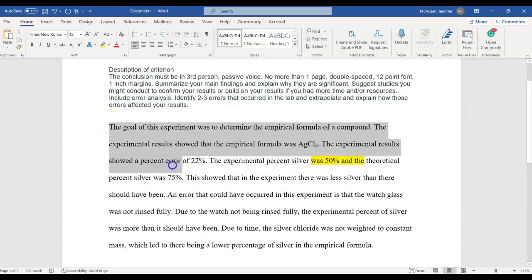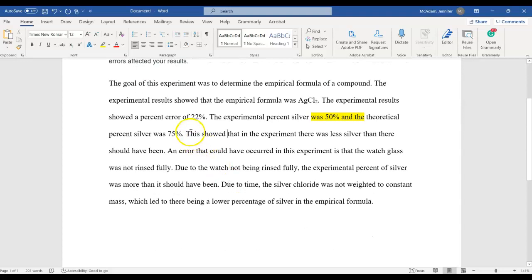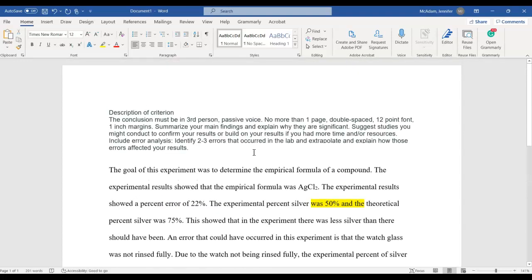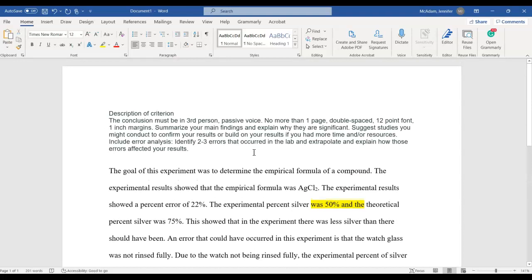And you can definitely expand on this, because I barely talked about our results here, and I only used 1 sentence to talk about this. Again, things you might want to talk about are what the goal of the experiment was, what the results showed, what the error was, and then compare the theoretical yield to yours and talk about where that error came from.